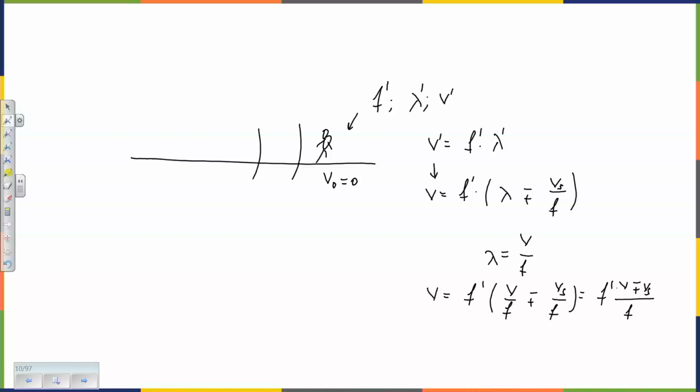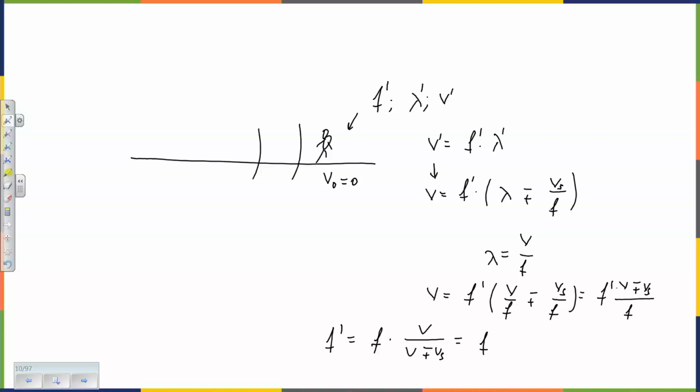And now we can solve it for the new frequency. The new frequency will be equal to the old frequency times speed of the sound relative to the ground divided by speed of the sound relative to the ground minus or plus speed of the source relative to the ground. By the way, it's going to be in the future again, but we can simplify this.